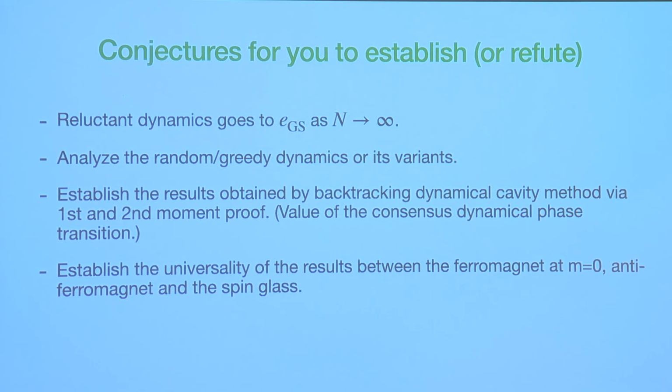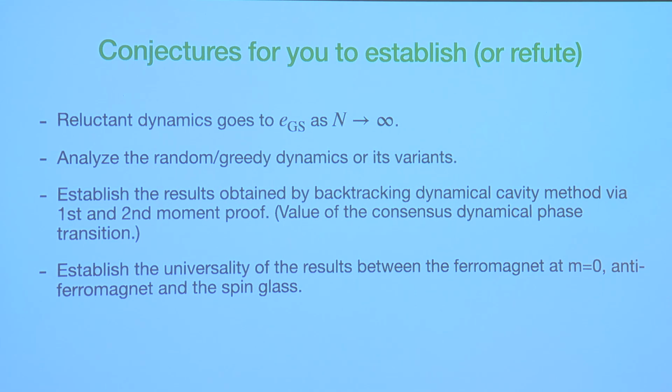Those are just given by calculations, the type of proof of first and second moment, but on a quite complicated structure, so this will not be a one-page proof, at least not straightforwardly, but it can be done in the sense that there is no correlation that should be preventing the second moment method from working. So for instance, the value of the consensus dynamical phase transition, we could have it more precisely and not only the bounds that exist.